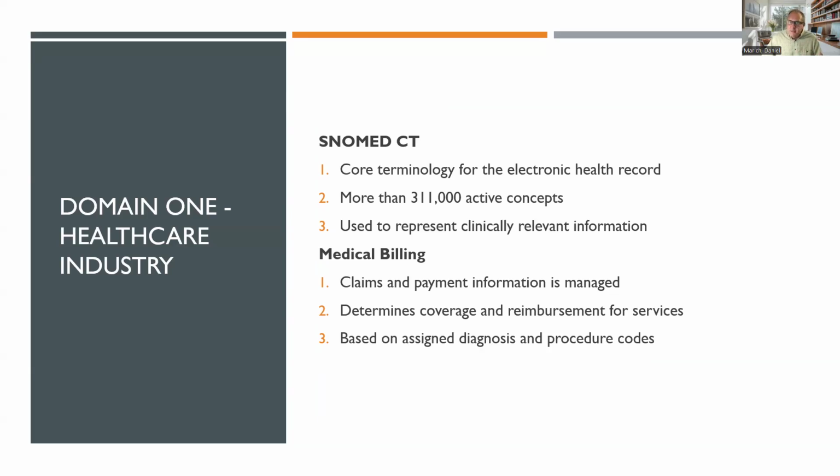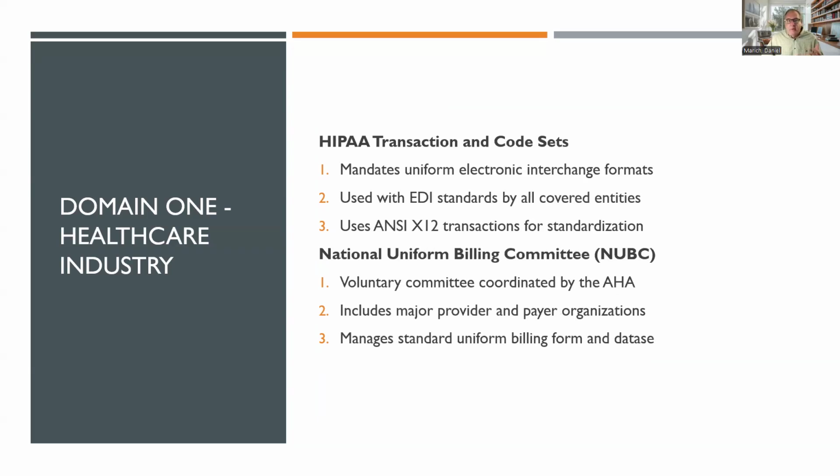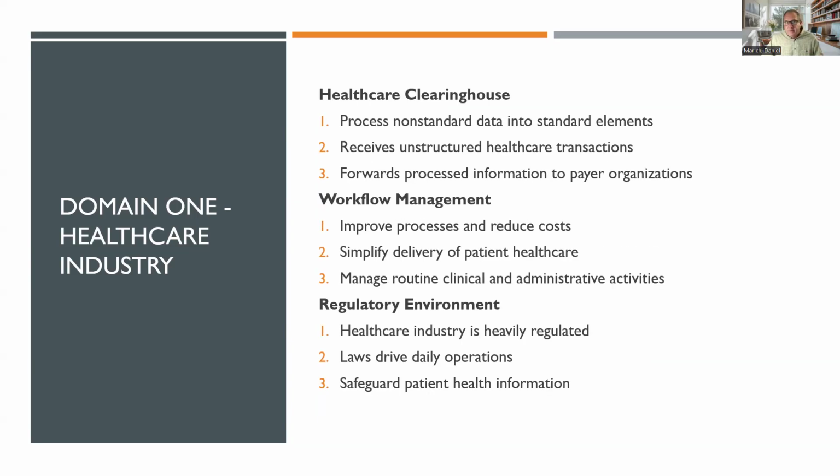And just be familiar with the concept and how it's used, specifically, obviously, part of medical billing. All right, so HIPAA also has transaction codes. Be familiar with the basic codes that are presented in the study guide. Know what the National Uniform Billing Committee does. They handle uniform billing and they oversee the code sets. Clearinghouses. Healthcare clearinghouse helps process non-standard data into standard elements.